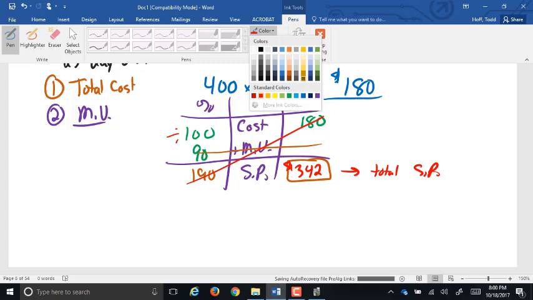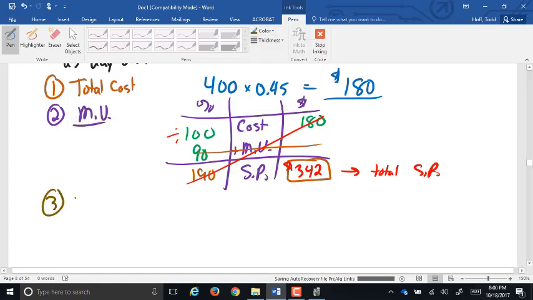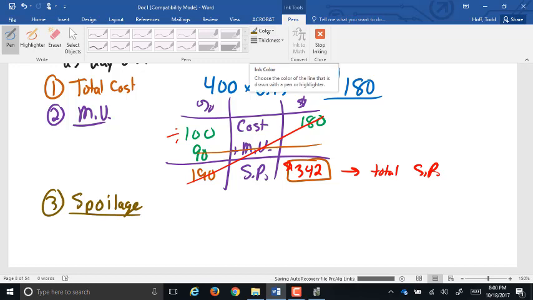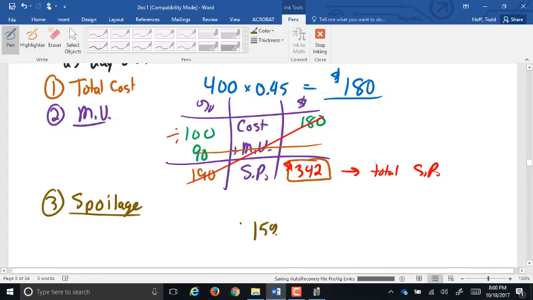Now to the fun part. Spoilage. Make it look a little bit less like a 3-year-old writing in crayon. What percent is going to spoil? 15% spoil.